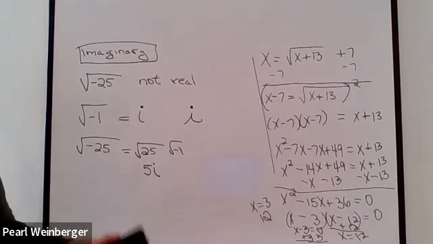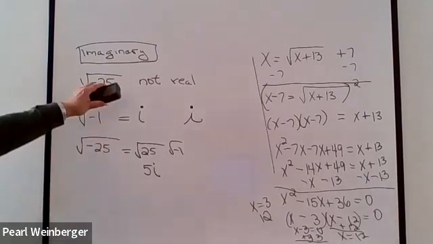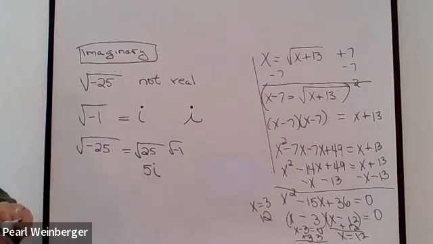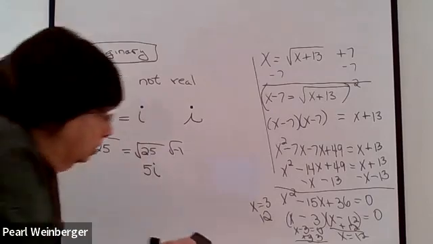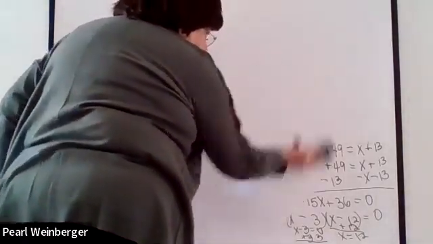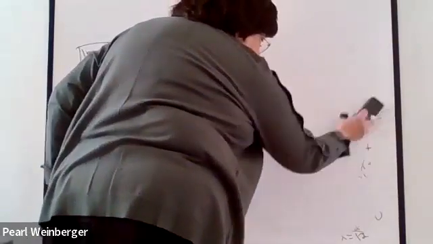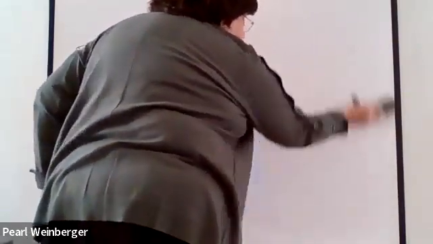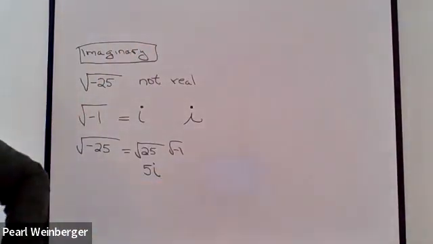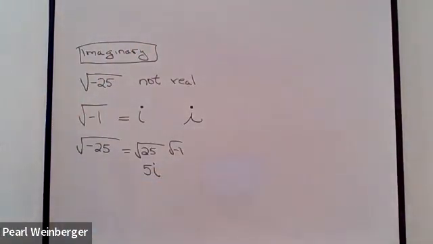So now we're going outside of the real number system. Well, if something's not real, what should we call it? So they said, let's call it imaginary. So these new numbers that we're talking about are called imaginary numbers. So the question is, how do we work with these imaginary numbers?